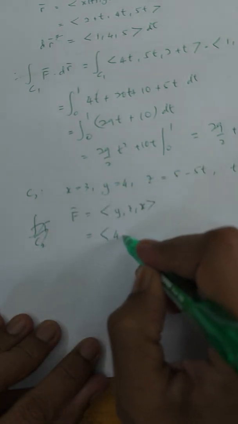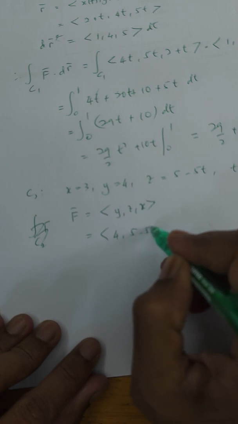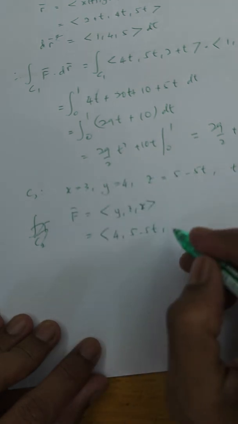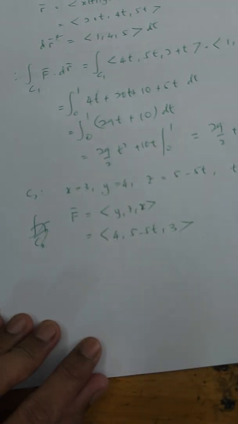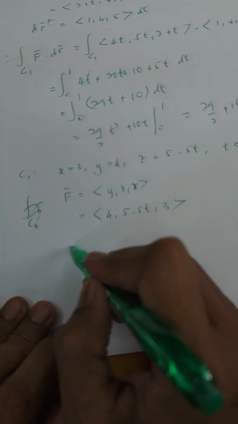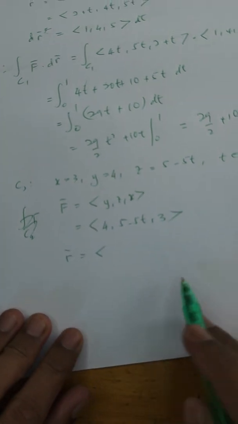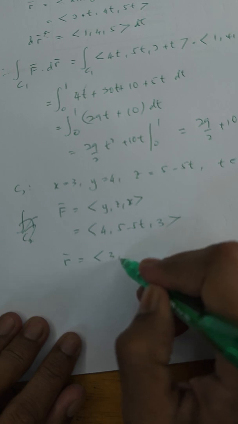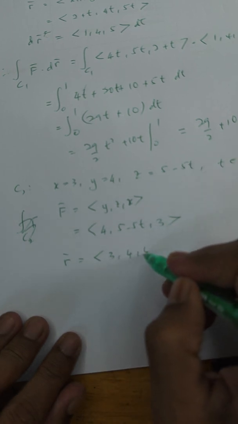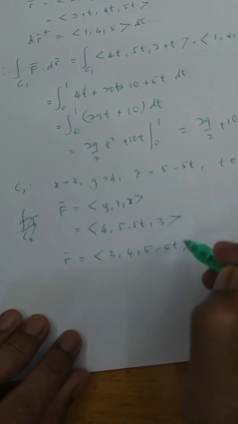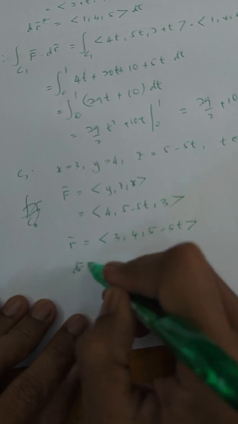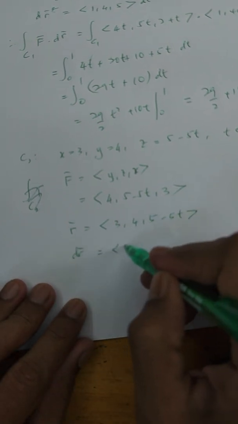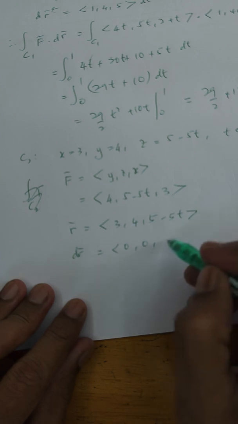So you have 4, your z is 5 minus 5t, your x is 3, so that's your f. And your r is x 3, y 4, and z is 5 minus 5t. We define dr, then dr is, we have 0, 0, minus 5 dt.